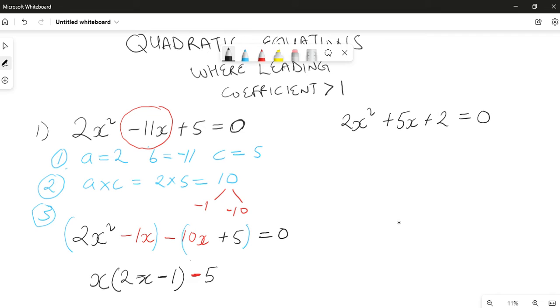Negative 10x divided by negative 5 gives us 2x. Then 5 divided by negative 5 gives us negative 1, equals 0.